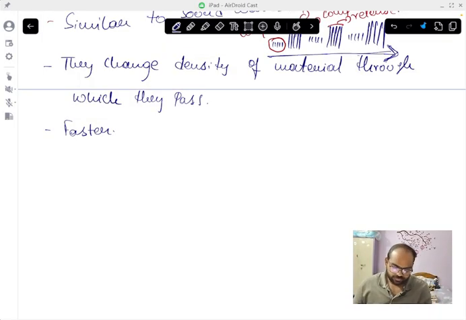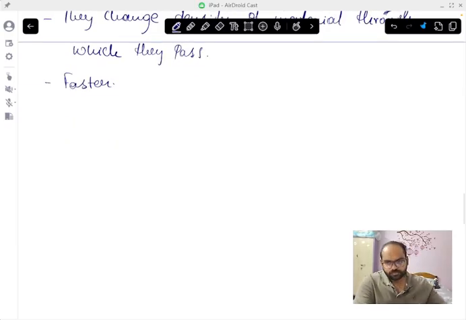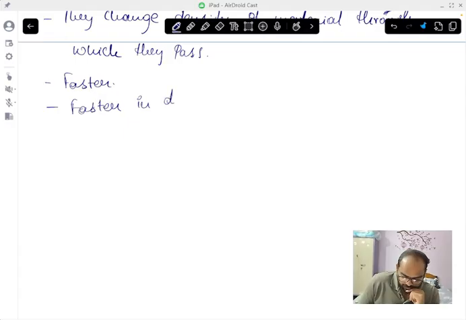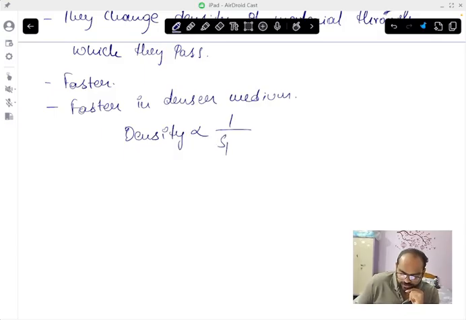And the second one is they are faster in denser medium. In other words, as the density of the material increases, the speed of P waves decreases.